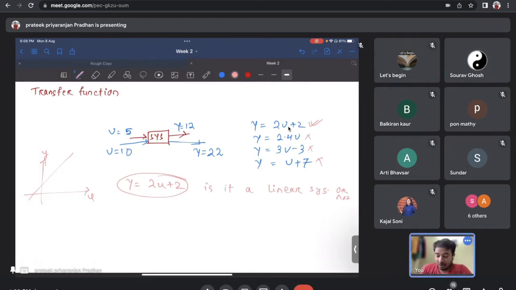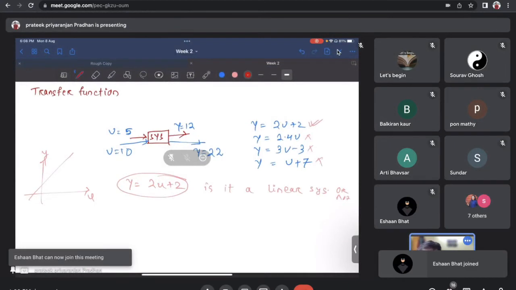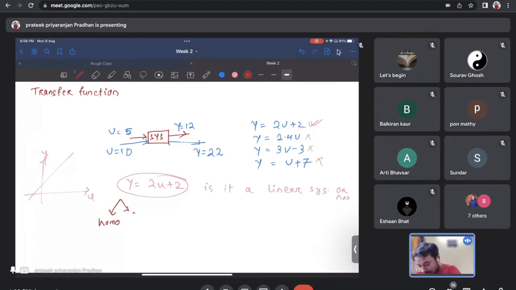I would like you to know this is not a linear system. This is a linear plot, a linear curve, but it's not a linear system. I will briefly recap for those who have not joined the last session. For a linear system, there are two properties to satisfy: one is homogeneity and another is superposition.